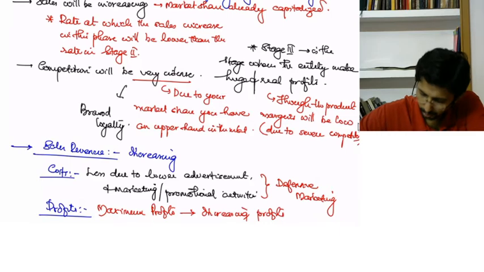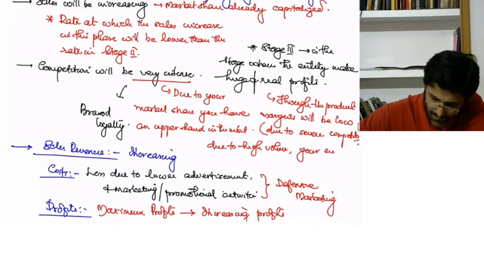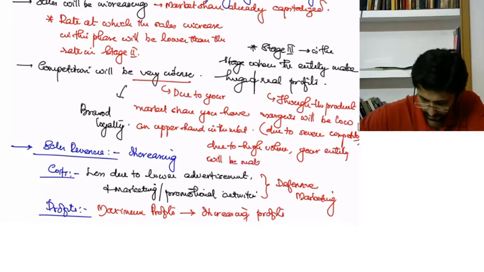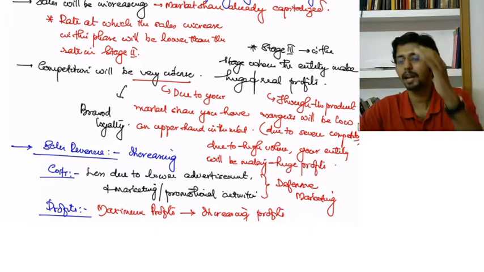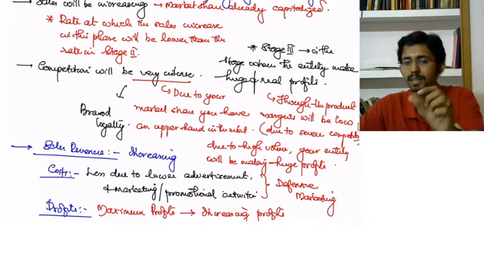Though these are low, due to high volume, your entity will be making huge profits. Okay, so the profits will be high, though your margins will be less.